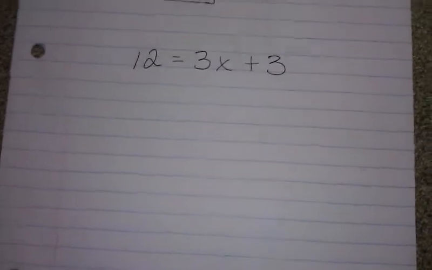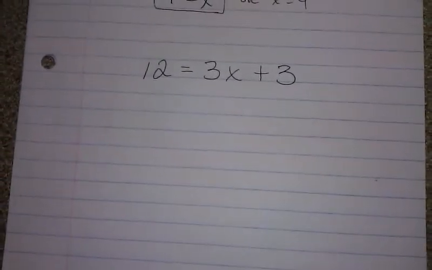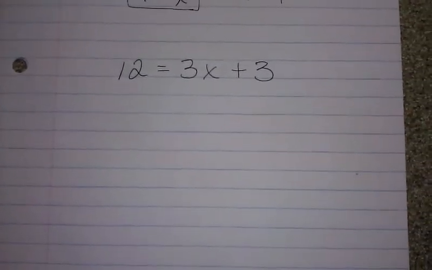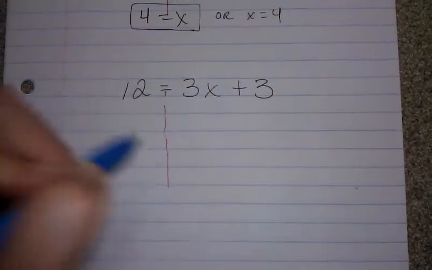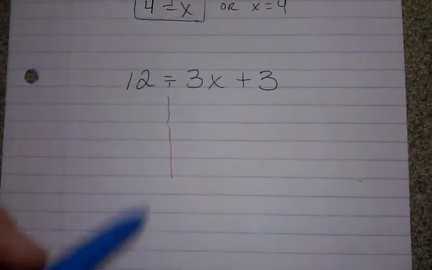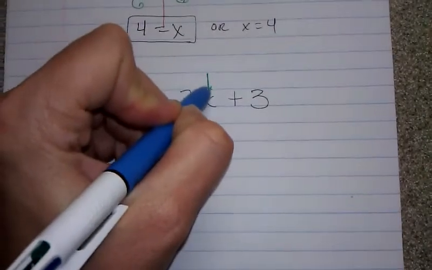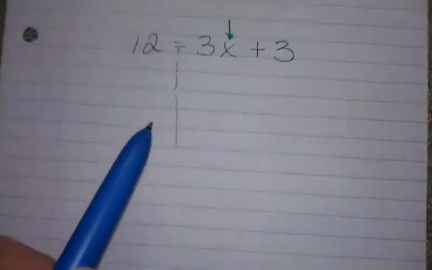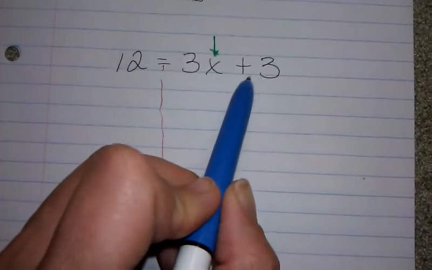The next one, pause the video, come back and see how you did. I'm going to draw the dotted line. I have 3x. I'm trying to get x by itself. You need to do addition and subtraction first. I've got the plus 3 right here.